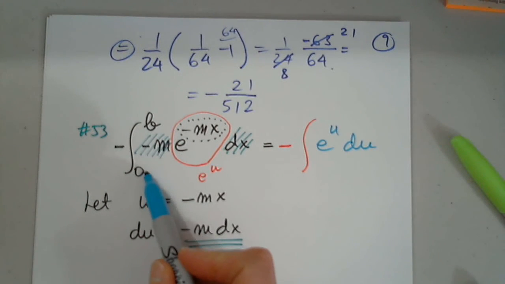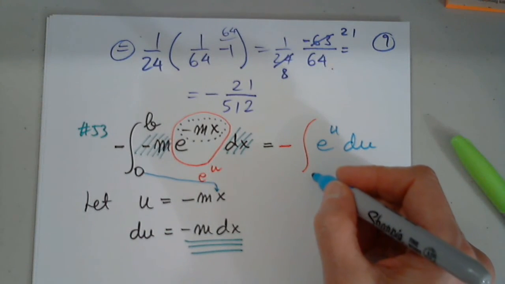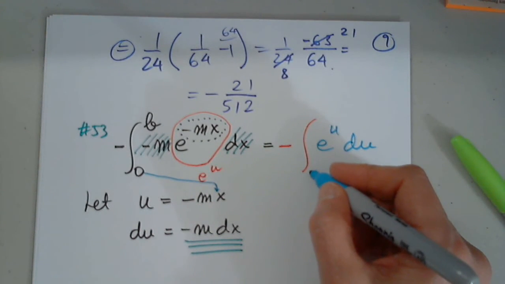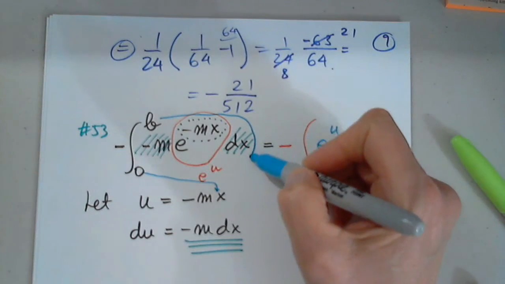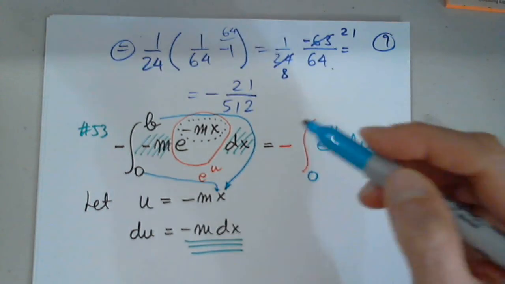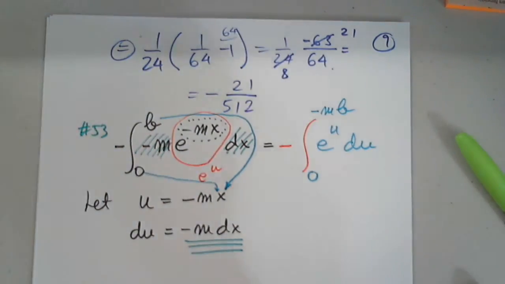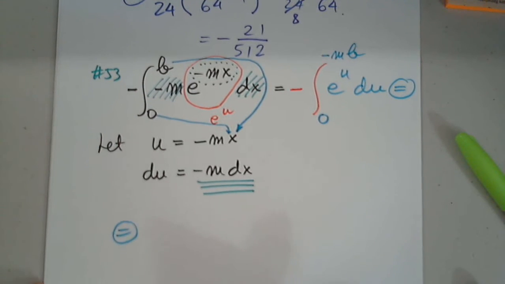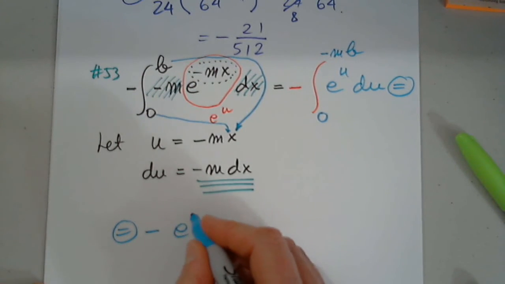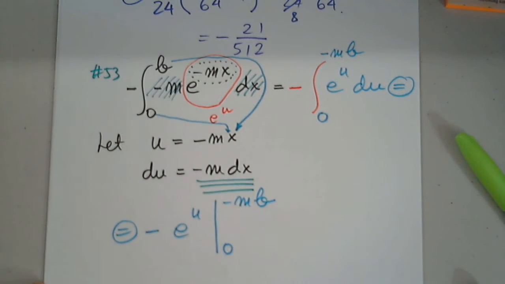So now let's plug in 0 and determine the lower limit for u. 0, of course. Let's plug in b and determine the upper limit for u. Negative mb. That's it. We are not looking back, not in a definite integral. E to the u from 0 to negative mb.